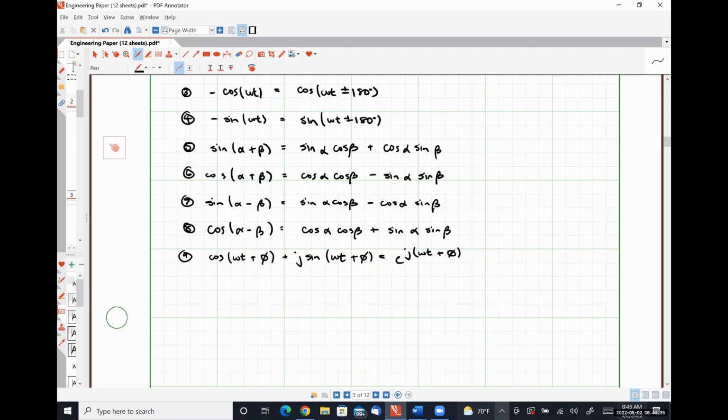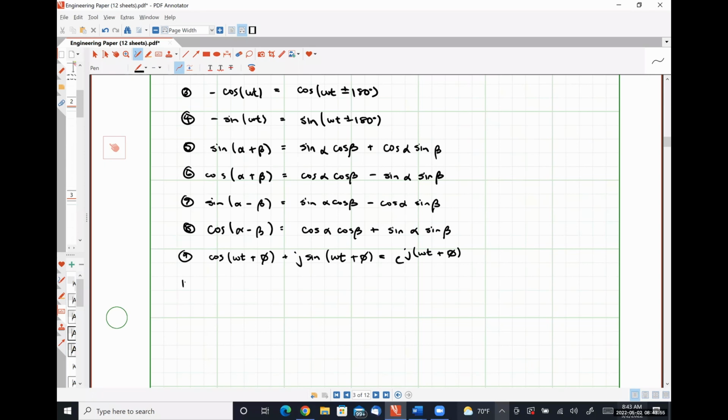This is nothing more than converting a rectangular form complex number into a polar form complex number, which we developed those relationships in our last class. So this is just a fancy way of representing that.